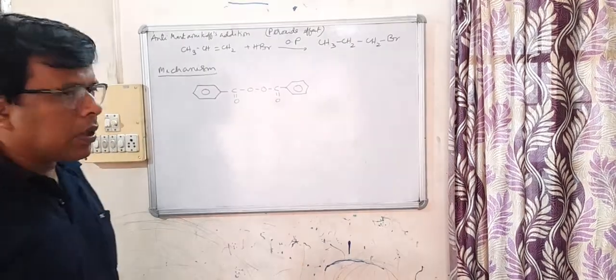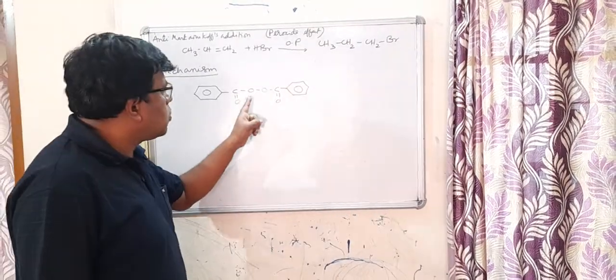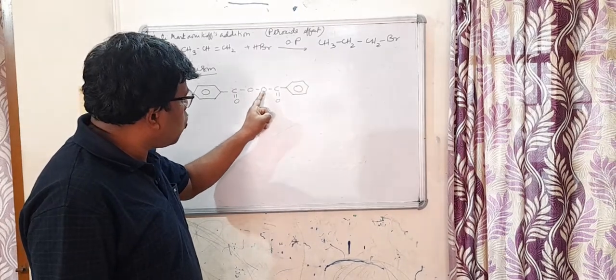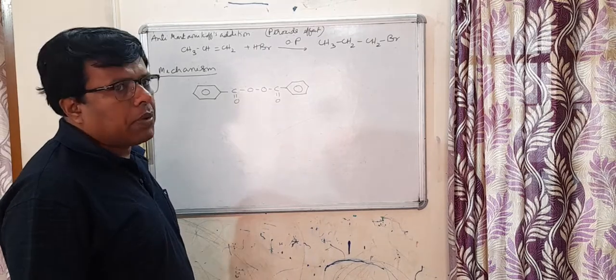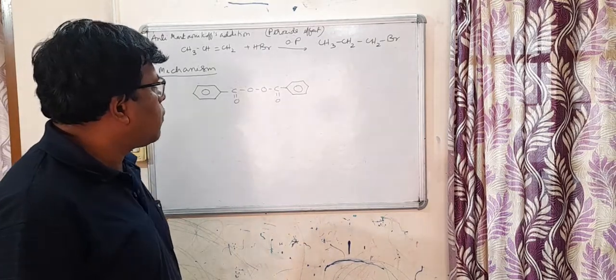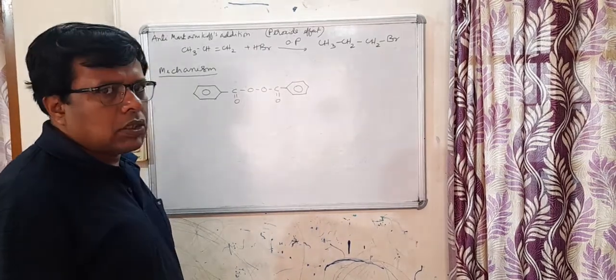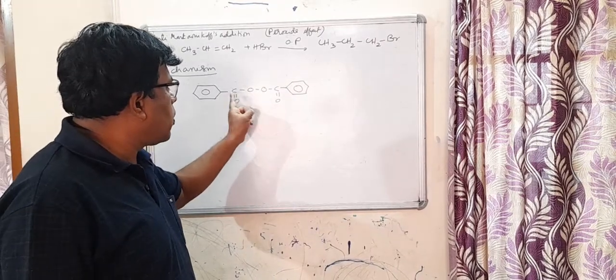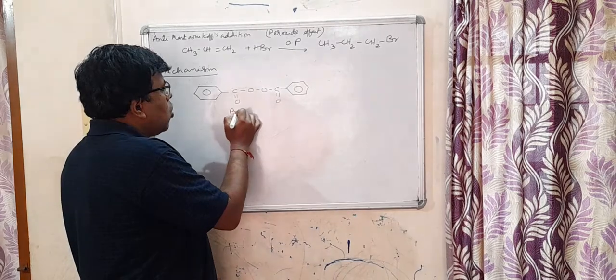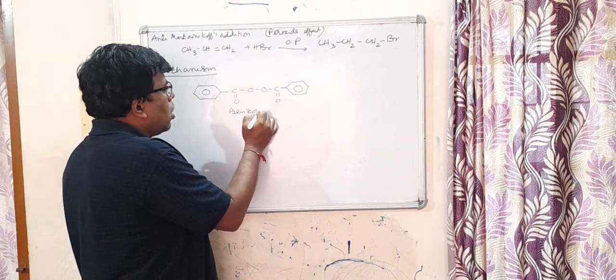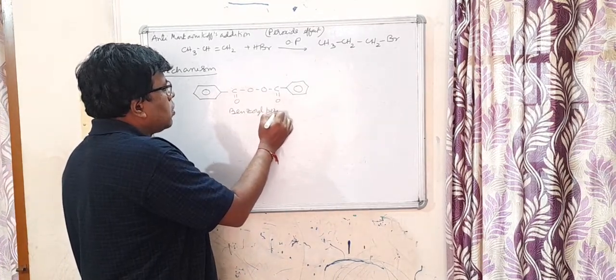Peroxide means a substance which has an O-O bond, said to have a peroxide linkage. So this is an organic peroxide. Its name is benzoyl peroxide.